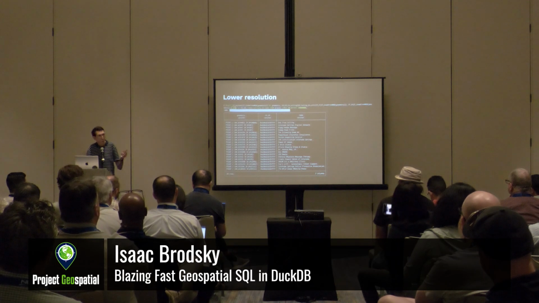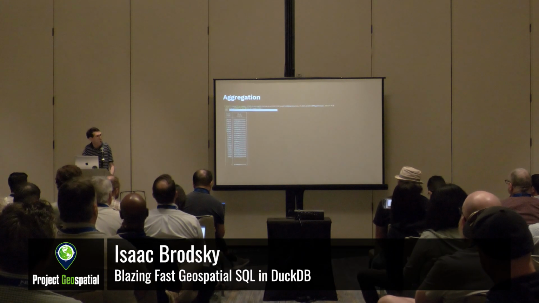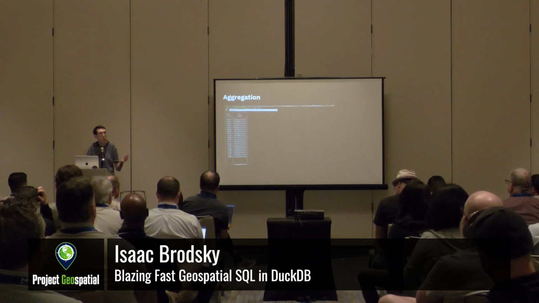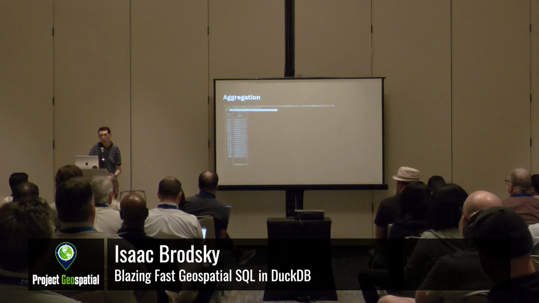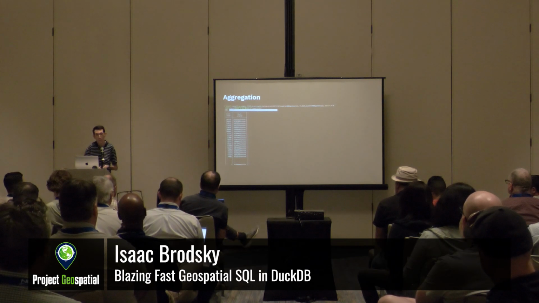And the reason that I want to index at a lower resolution is to be able to do aggregation instead. I think this query took maybe a minute or two on my laptop and was running over the entire Overture places data set. And what I did here was I took all the places, I aggregated them by these coarser hexagonal cells, and I took what are the top cells over the entire world, or over this entire data set's coverage.